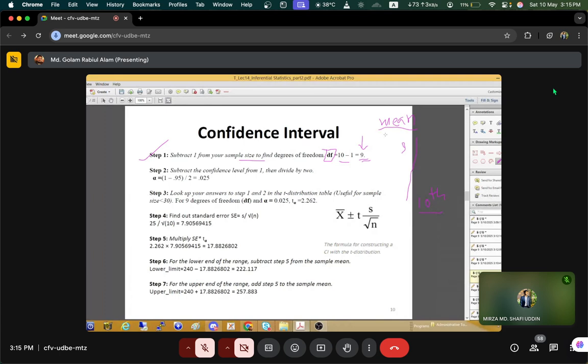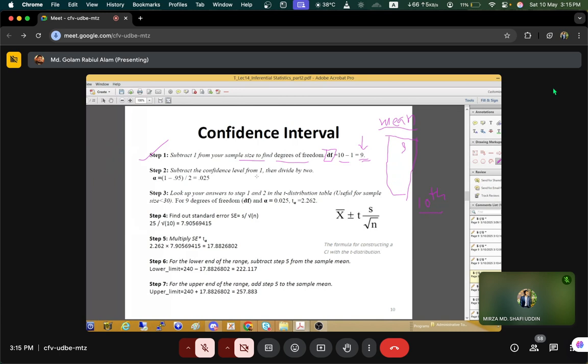So that means we need the 9. So the degree of freedom is 9 here. 10 minus 1 is 9. So subtract 1 from the sample size, and we get the degree of freedom, which is 9.